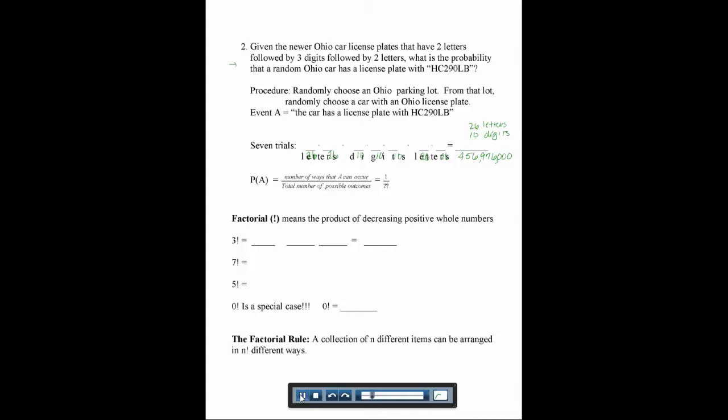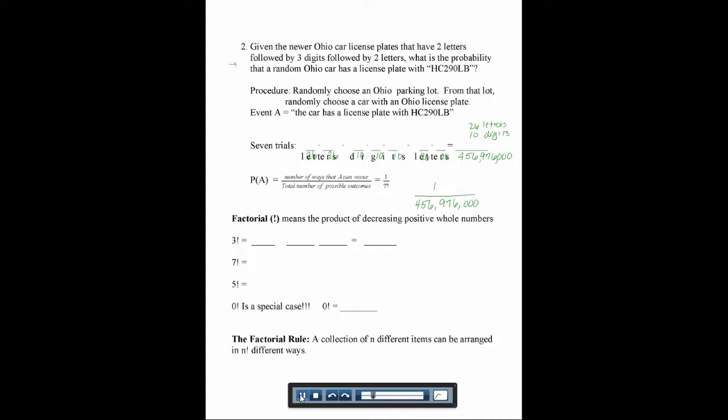So the probability of selecting this one very specific one would be 1 out of 456,976,000. Just randomly selecting one, it'd be very unlikely to find that exact license plate.